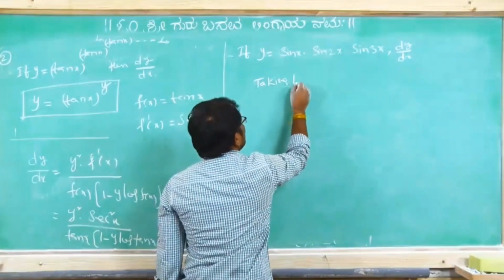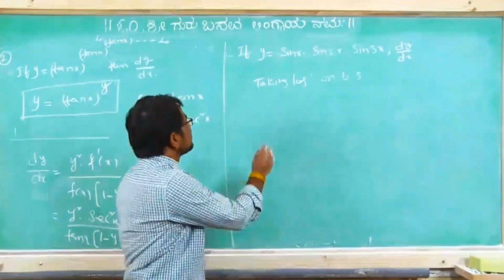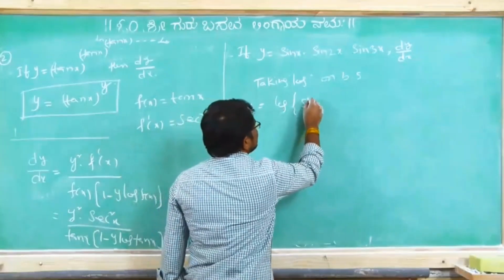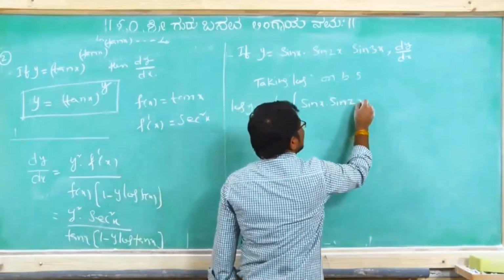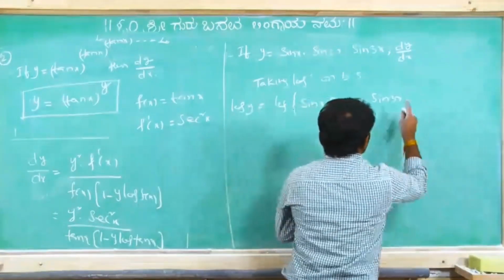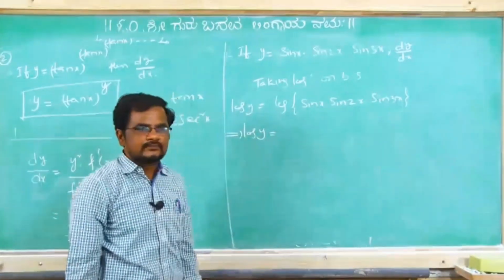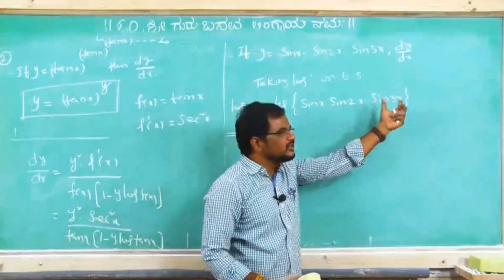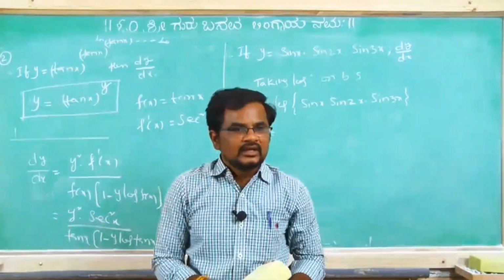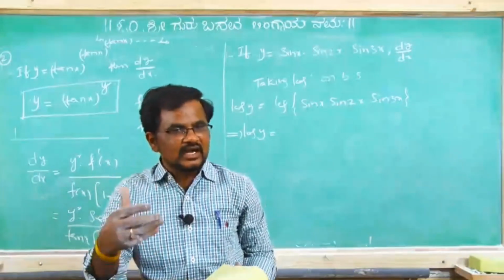Taking log on both the sides, log y equal to log of sin x, sin 2x, sin 3x. Now that implies log y equal to, using the logarithm properties, log a into b is log a plus log b, log a into b into c is log a plus log b plus log c.